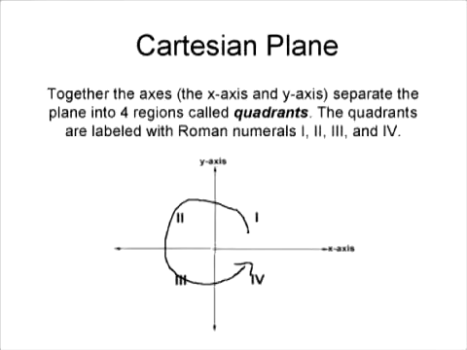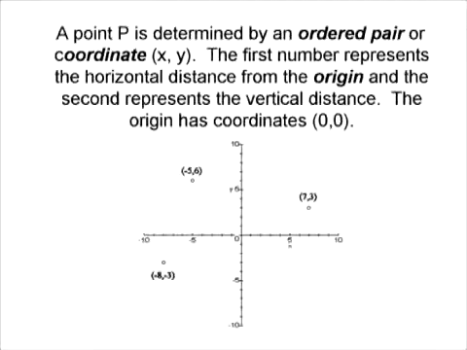That should be a review from grade 10. Now, we also look at an ordered pair or coordinate. Both the terms are used interchangeably. And as we know, an ordered pair is the distance from the origin.